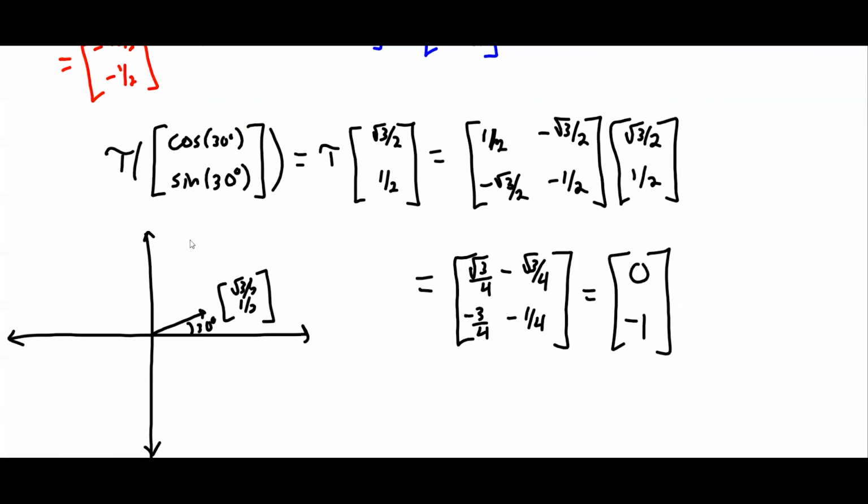So if I rotate it 60 degrees, I'll be on the y-axis. And then if I reflect across the x-axis, it will reflect down here. And yeah, that is 0, negative 1. So the matrix did what it was supposed to do.